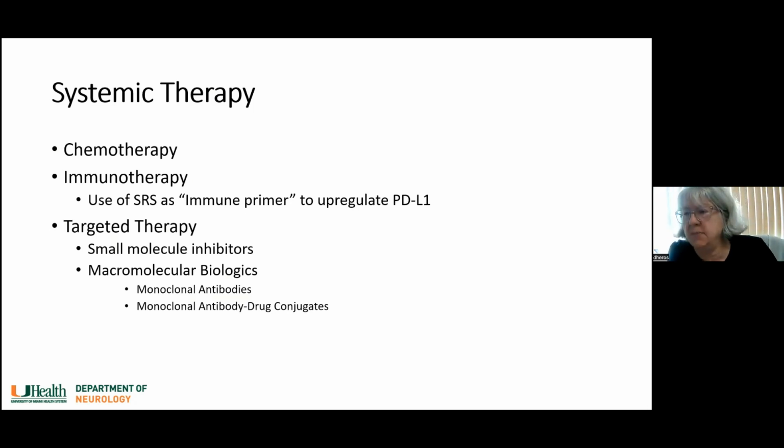And targeted therapy refers to targeting various genomic DNA mutations of the cancer cell.